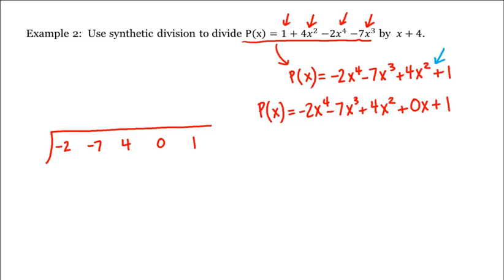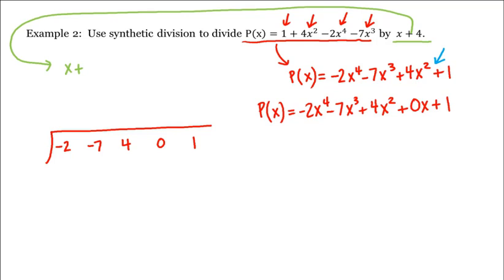But what is r? We're dividing p by x plus 4. And we can think of x plus 4 as x minus a negative 4. So this is r here. So let's put the negative 4 here. And now we drop.